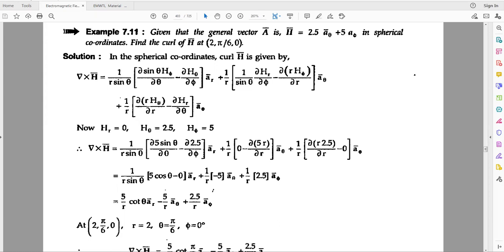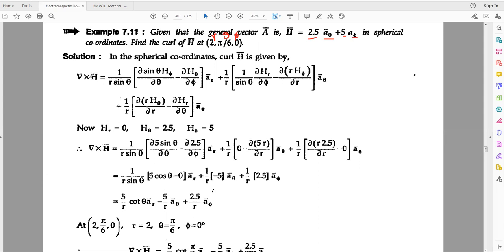What is the 2 there? 2 is the value of r, pi by 6 is the value of theta, and 0 is the value of phi. The A theta bar coefficient is 2.5 and the A phi bar coefficient is 5.